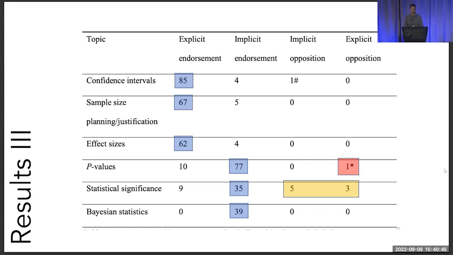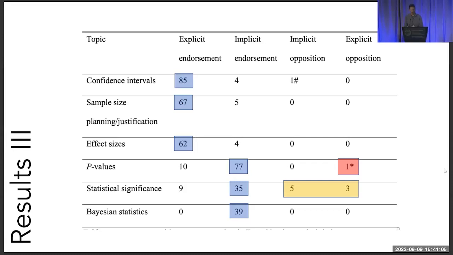So I've highlighted some particular results of interest in the table. In red, for example, you can see that there was only one journal that explicitly opposed the use of p-values. And actually, in this specific case, that was only in situations where authors had not pre-specified multiplicity correction. So it wasn't an outright p-value ban.